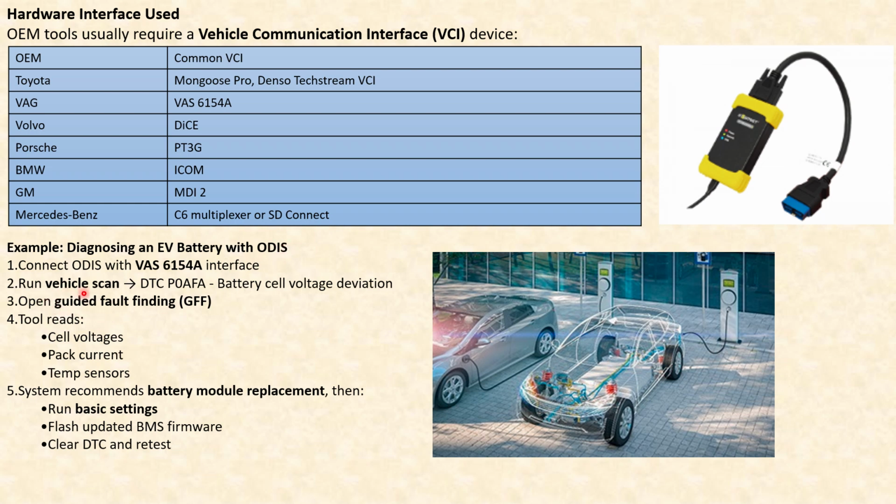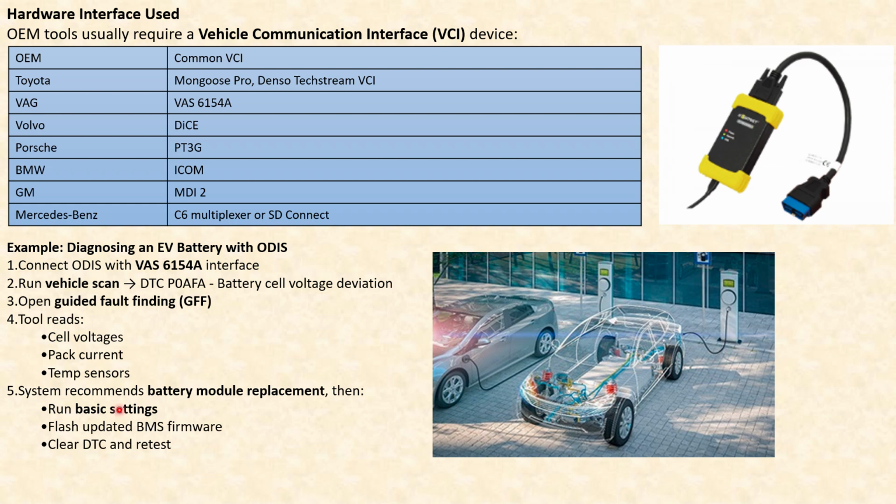First you run the vehicle scan, which leads to the DTC, and from the DTC you understand that battery cell voltage deviation is happening. Then you open guided fault finding, and the tool reads cell voltages, pack current, and temperature sensors.